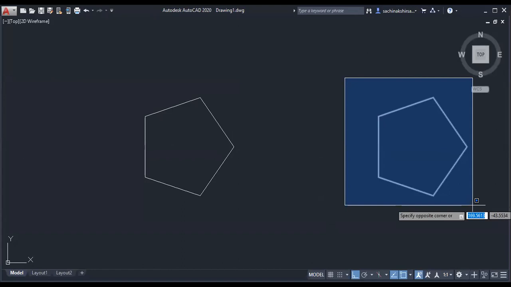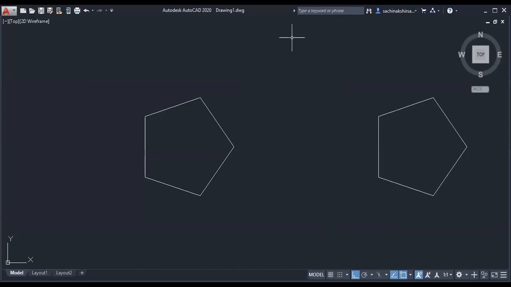Can anybody try? Join the diagonals. Where is the question of diagonal? Joining of diagonal is not correct. Join the angle bisector.